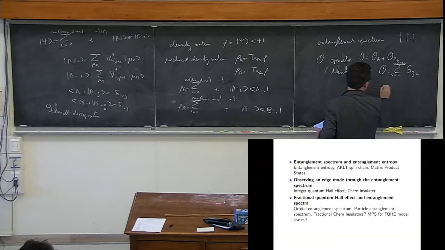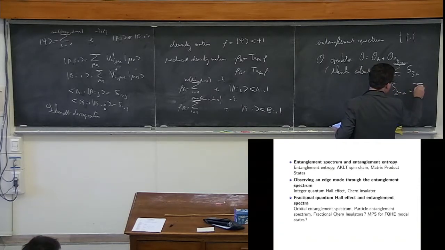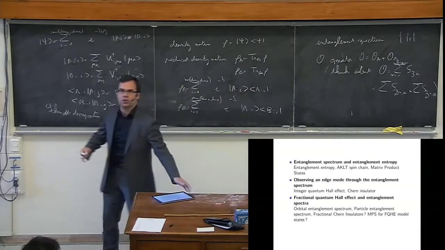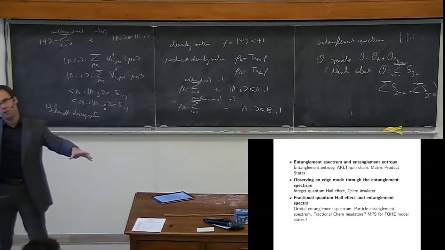And then, of course, you can decompose into something like SZN belonging to A plus SZN belonging to B, right? So that's a simple example of an operator, which is just a sum of something acting on A and something acting on B.